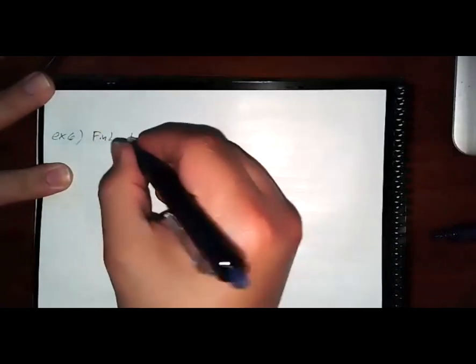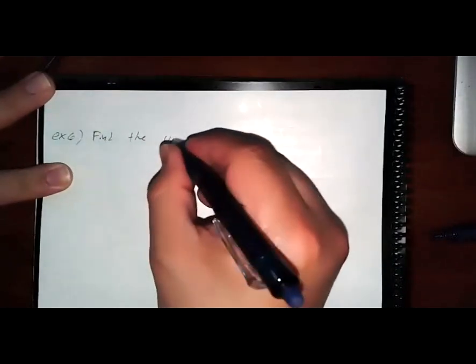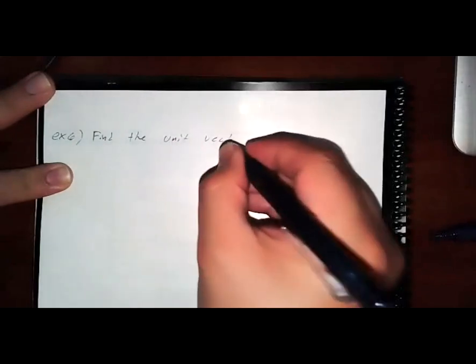So towards the end you'll have questions that say find the unit vector. Basically, you have a vector of normal size, and you reduce it to a unit of 1, but it's still going in the same direction.